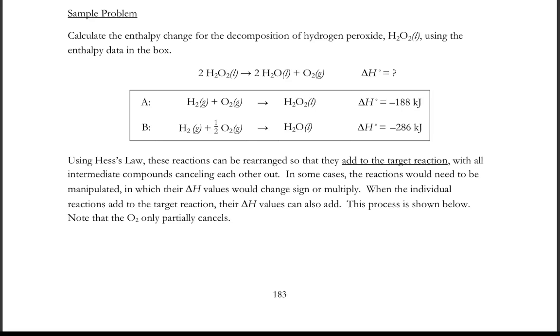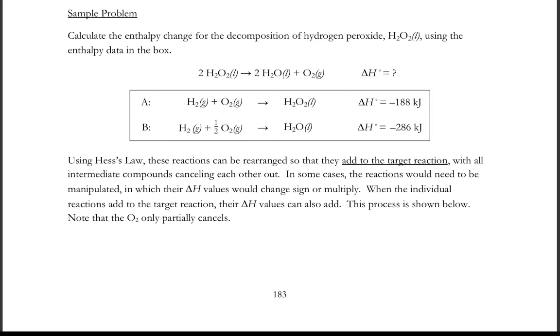Now, when we're working with Hess's law, if we have a reaction and we need to flip it, we need to change reactants and products, we're allowed to do that. When we do that, we have to change the sign of its corresponding delta H. When we multiply a reaction through by a term like a half or maybe 2, we then multiply the corresponding delta H by that 1/2 or that 2.